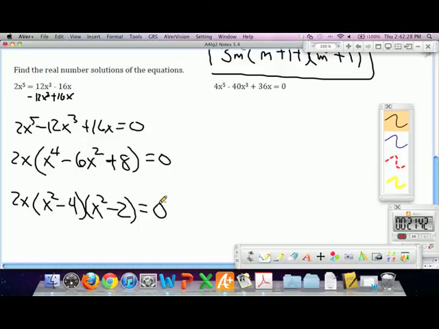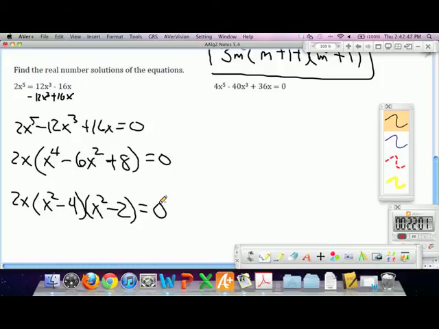So then what x's make each of these 0? You could even factor this a little bit more. X equals root 2 and x equals negative.